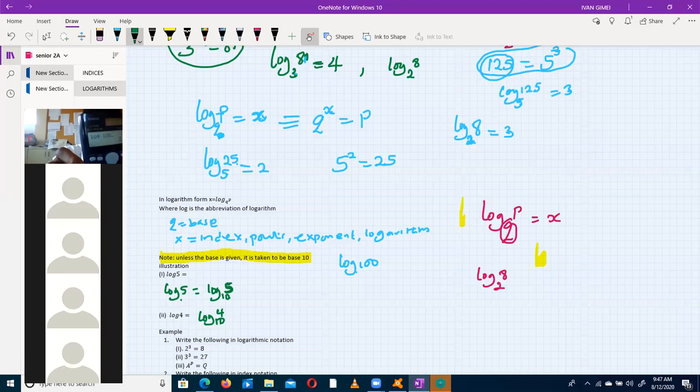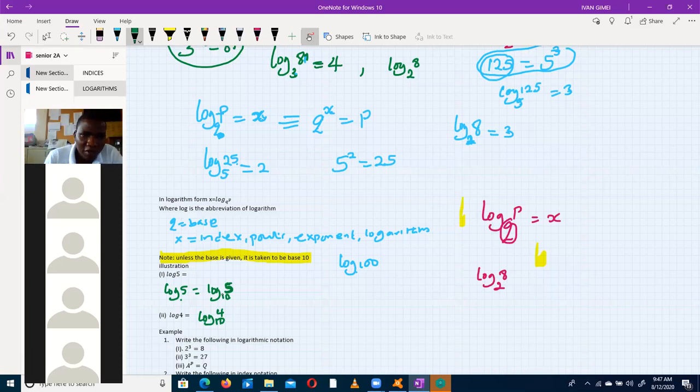That's log of 100. Then I say equals to, what will it be? The calculator tells me that log of 100 is 2. You get it? So that means that our calculators work in decimal base. So when I get the log of 100, it will be the same as 2.